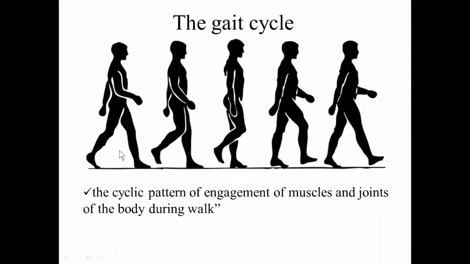The gait cycle is the cyclic pattern of engagement of muscles and joints of the body during walk. As shown in this picture, the first picture shows the placement of foot. Then the heel is raised. In the last, heel is raised again. This shows the cyclic pattern of gait.